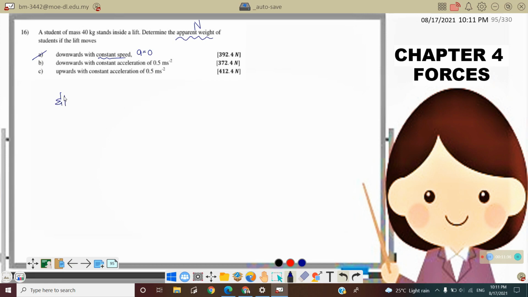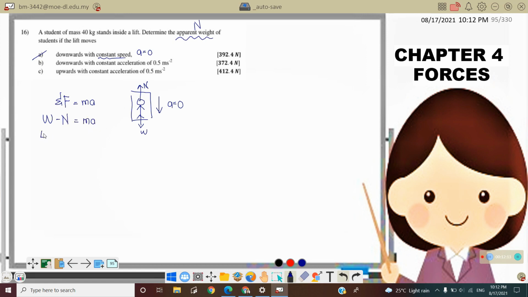Okay, so F net for this case equals to ma. The student is inside and the lift is moving downward with constant speed, meaning that your acceleration is equal to 0. Again, we have the normal force, which is what we call the apparent weight, and we have the weight. Because the motion is downward, we take weight minus normal equals to ma.